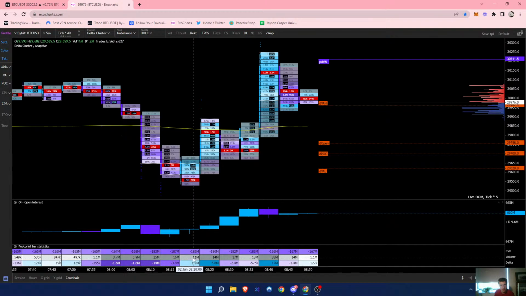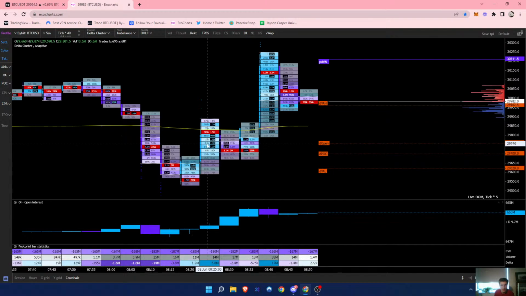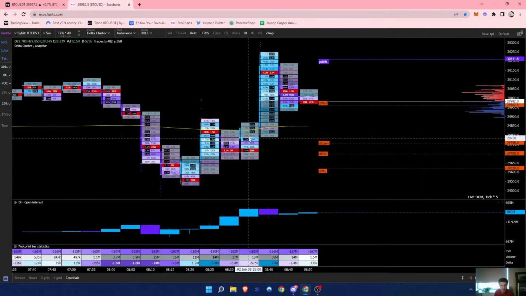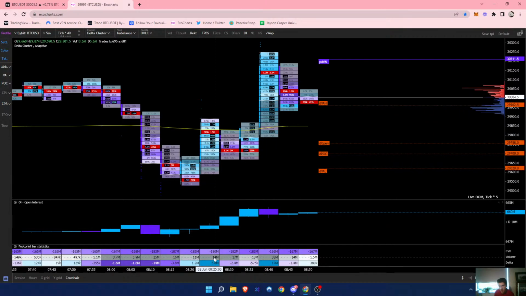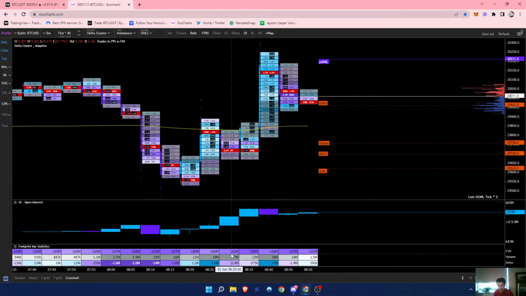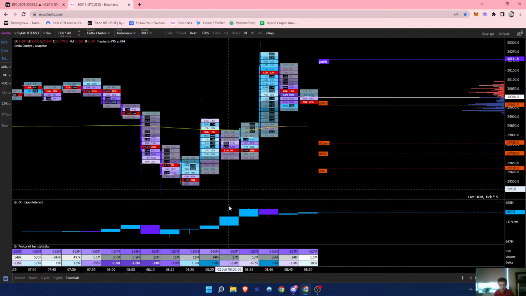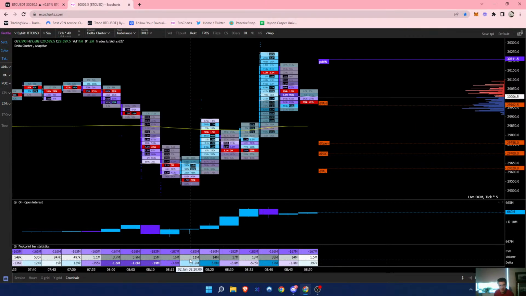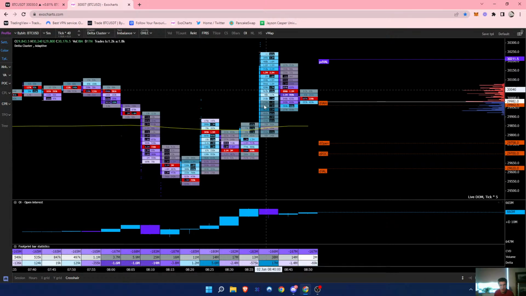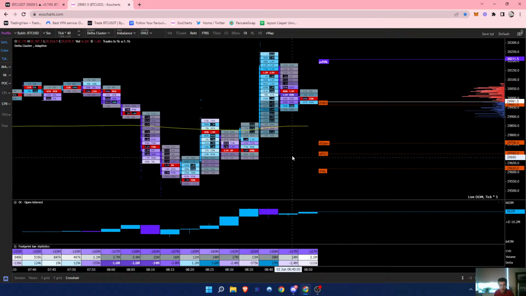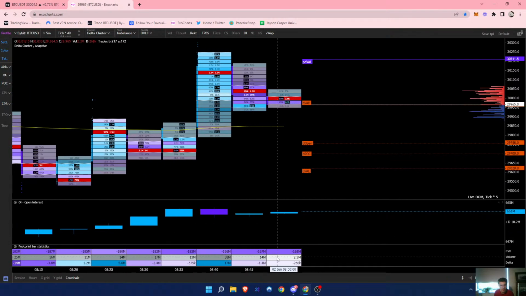Typically, this is what you want to see for a trend reversal. And then, of course, as price is increasing, what do you see? Increase in volume or delta coming in. Next thing, this isn't really a good sign, but nevertheless, you can see that delta is increasing. And then here, a lot of increase in delta and good amount of volume.